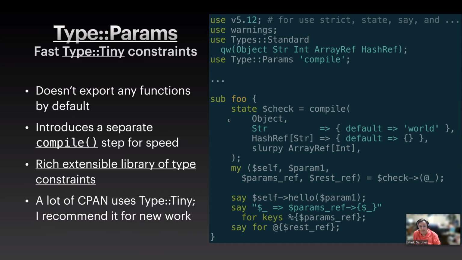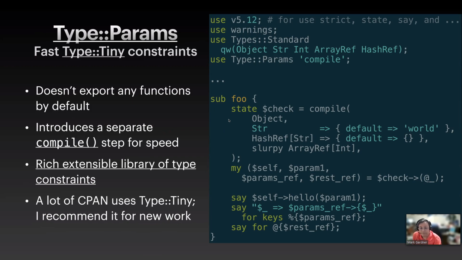And again, all of that is assigned to that check variable with state so that it only gets assigned once. And then you just unpack your variables normally. You call check, you dereference that code ref, pass it @_ and everything gets validated for you. Self goes into self as an object.